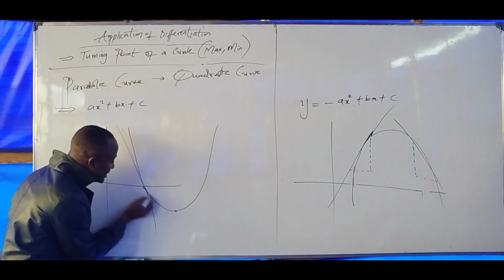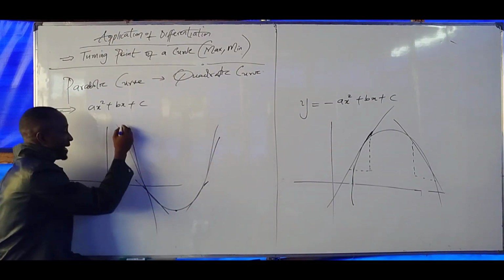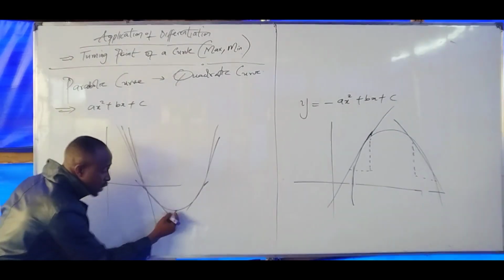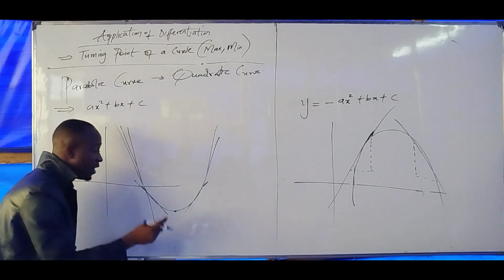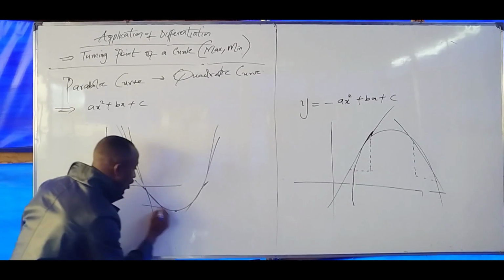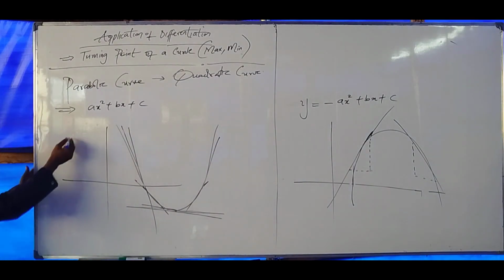From here, I can get my slope. At any point on the curve, we can get our slope. But once we come to this point, I cannot get slope again. It means that the slope at this point is horizontal. And the word slope means a slant line.